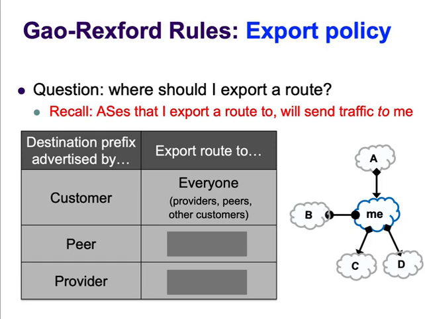Everyone happy with this? What if that destination was advertised to you by a peer? So now let's say that B had advertised a destination prefix to me. And the question again is, whom should I export this route to? And again, when I export a route, that means I'm willing to carry traffic to that destination.